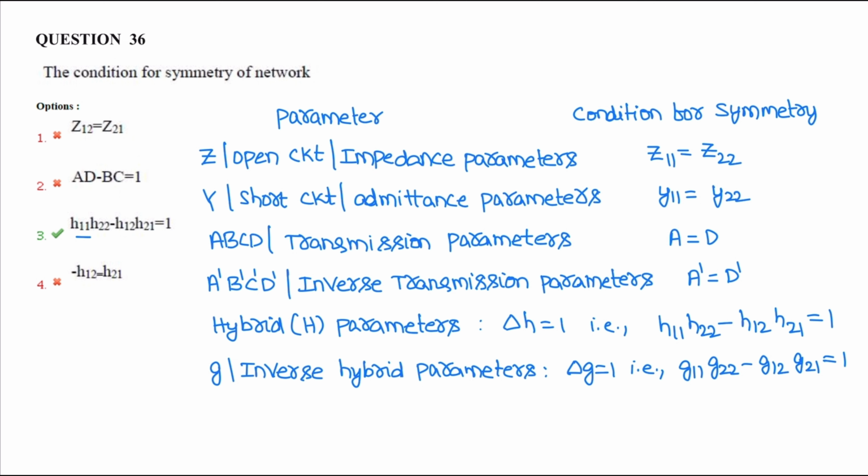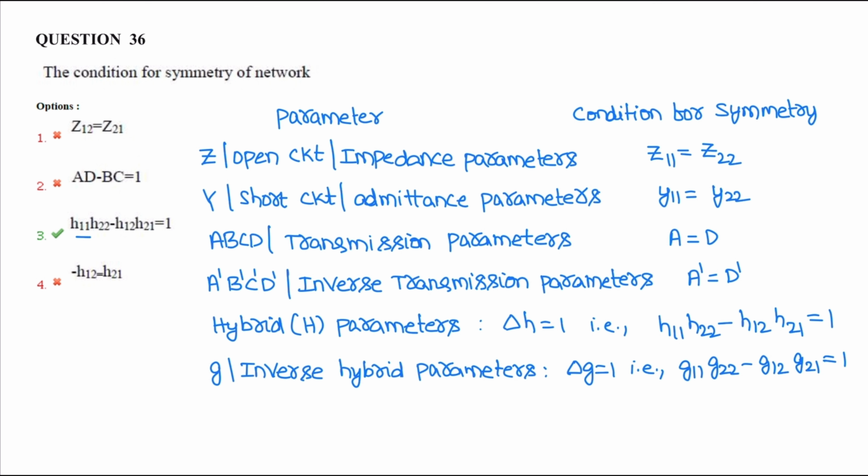Or one more definition for symmetry is, a symmetrical two-port network is a network which is divided into two equal halves with each half as a mirror image of each other. So we can divide this symmetrical network into two equal halves. The first half is mirror image to the second half. This is one more definition for symmetrical network.